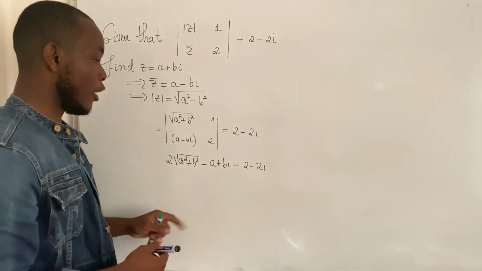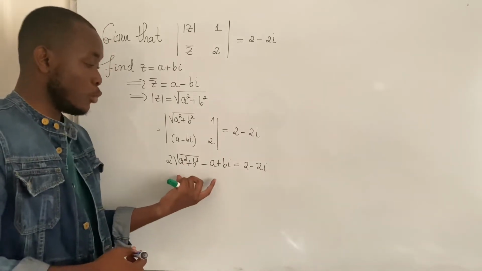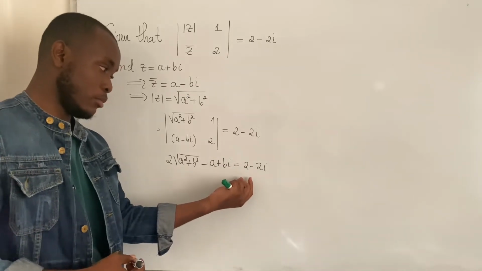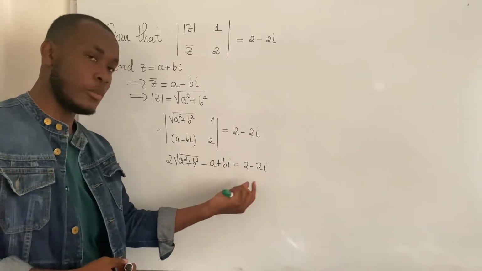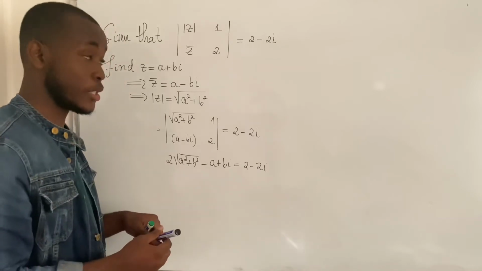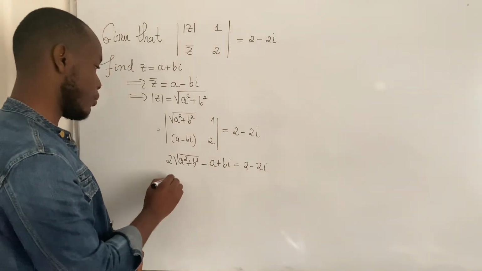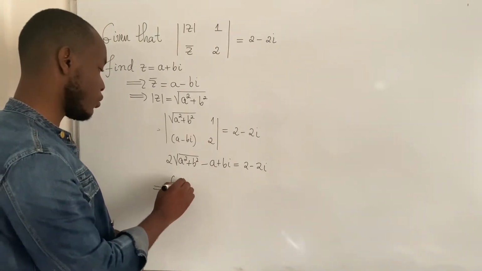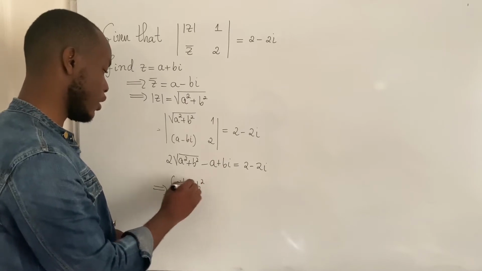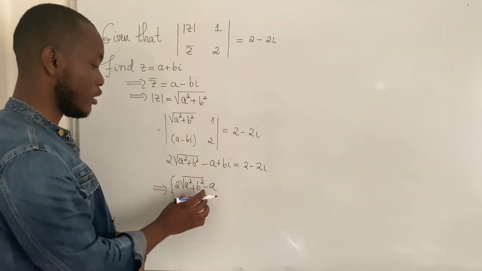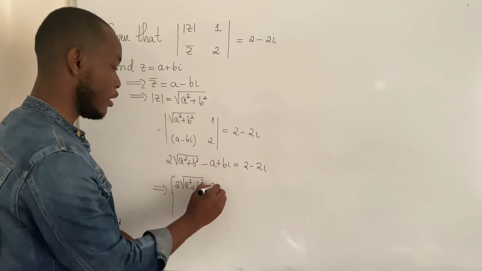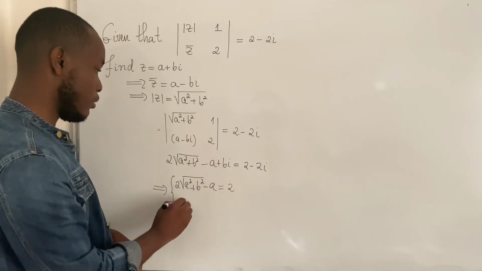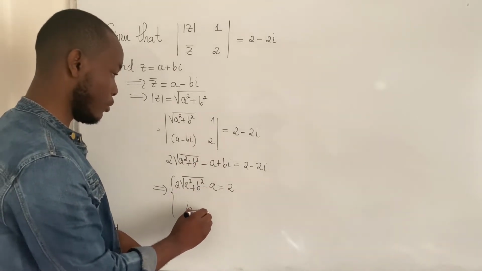Now we just have to equate the real part to the real part and the imaginary part to the imaginary part, because it's equality of two complex numbers. So this implies that we have 2 times the square root of a squared plus b squared minus a, because this is the real part of this complex number, equal to 2, and b equal to negative 2.